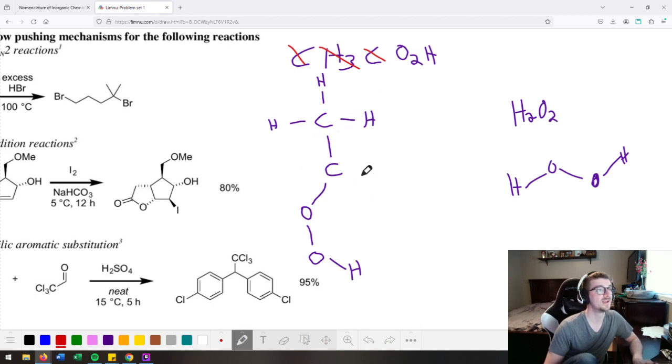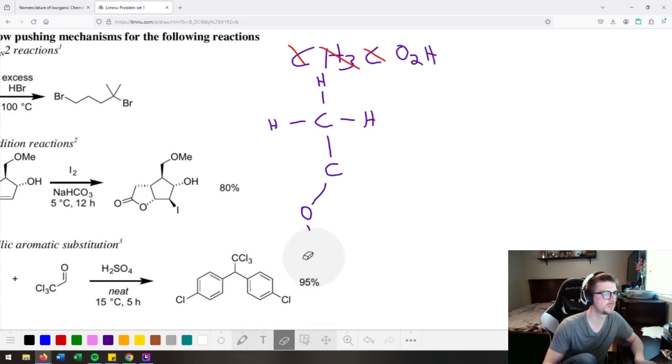So we have to do it a different way, and I'm going to erase all these. Okay. So the other thing that we can do is, instead of attaching the second oxygen to the first one, we go back one more atom and attach it to the carbon.